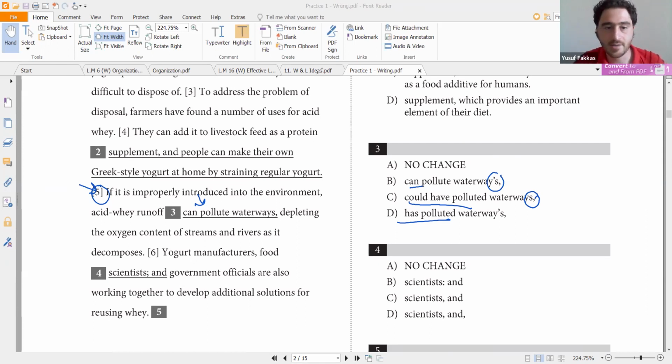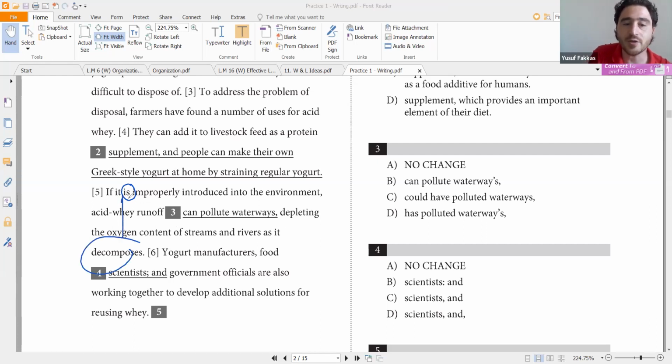Okay, great. So as we can see, for the tense issue, we say it's about parallel structure. Look, if it is improperly introduced into the environment, acid waste can, and so on, as it decomposes. So as you can see, the 2 verbs that I have in the sentence, is and decomposes, are both in the present simple.